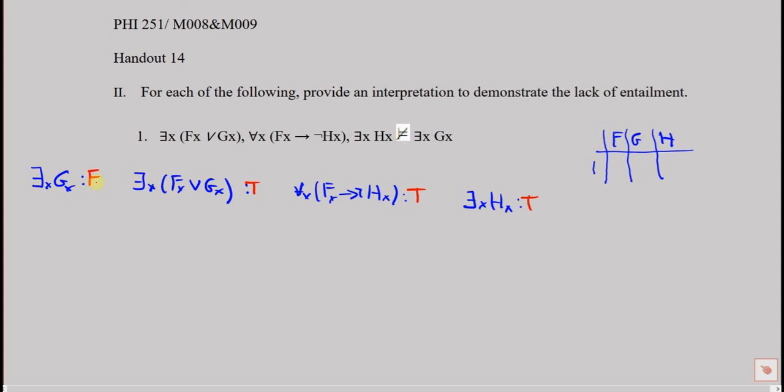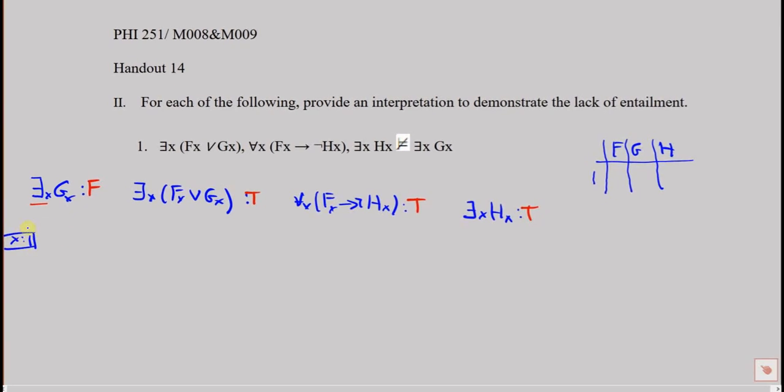In order to make the conclusion false, notice that here we have an existential. So we need to make sure that nothing satisfies Gx. So we need to make sure that Gx is false for every value of x. At this point, there is only one value for x, namely 1.